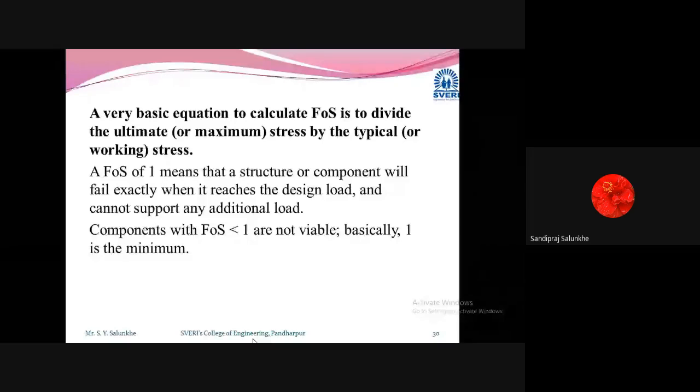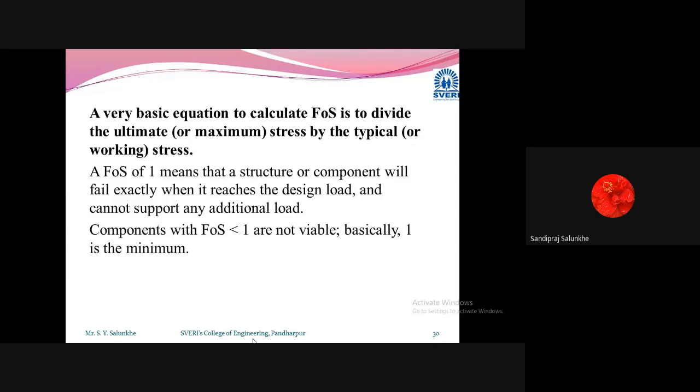Now we are moving towards the engineering side. The first part was the general thing regarding the factor of safety. But when we move towards the engineering side, we need to know what ultimate stress is. In case of brittle materials, it becomes the ultimate stress, right?